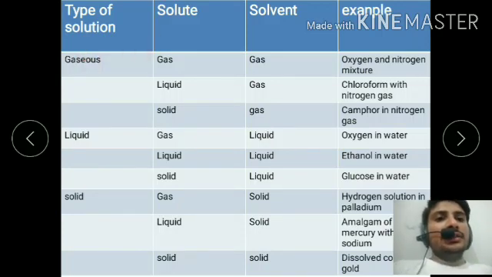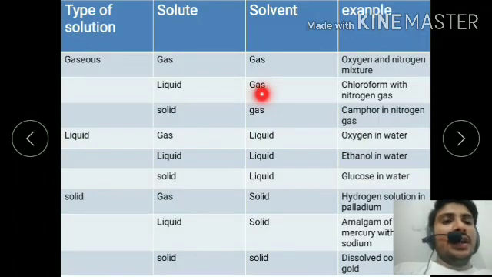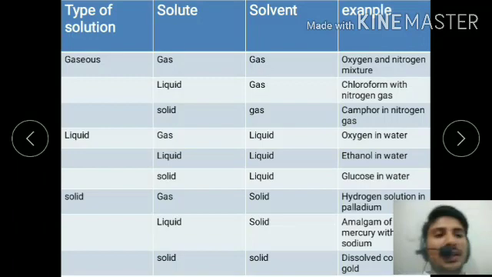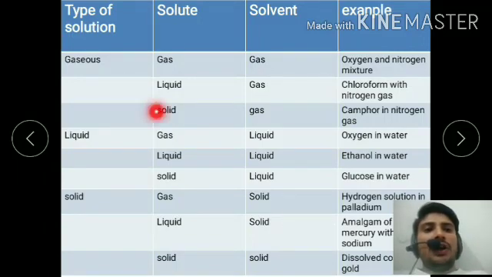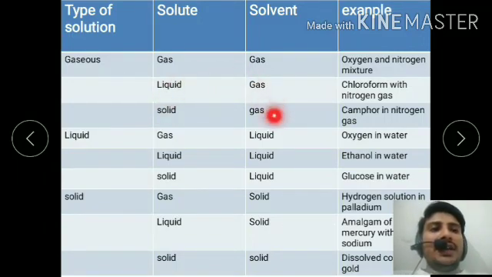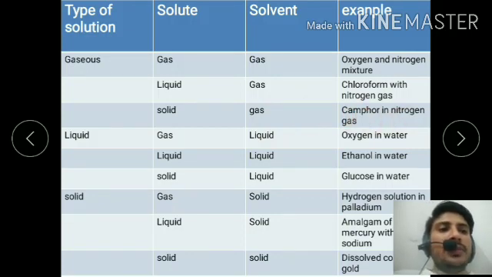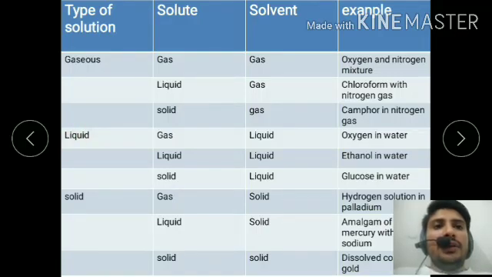The second one is when a liquid is dissolved in a gas. This is another type of solution. Example: chloroform with nitrogen gas. The third one is solid dissolved in gas. Example: camphor in nitrogen gas. Then the liquid solution, in which the solute may be a gas, liquid, or solid, but the solvent is a liquid.